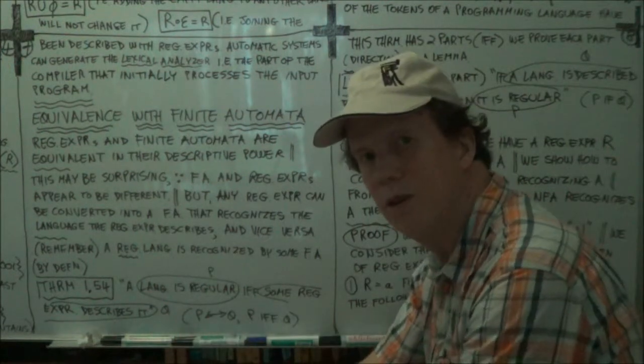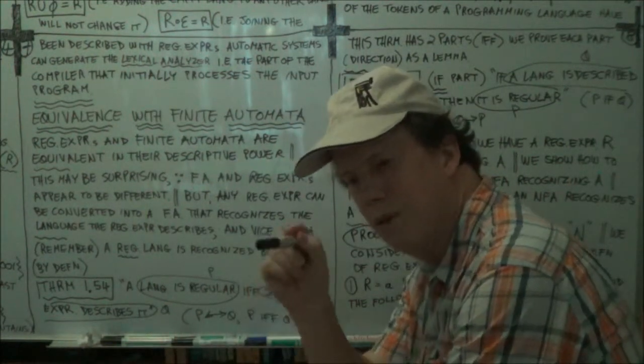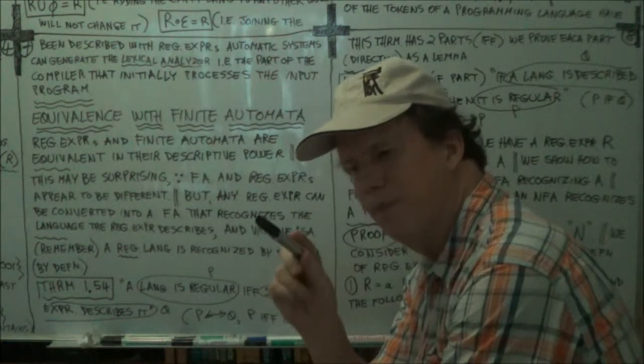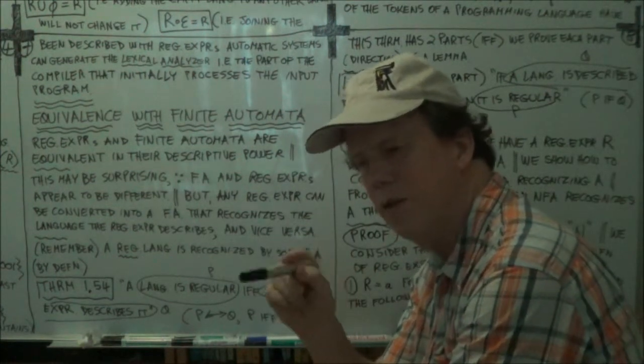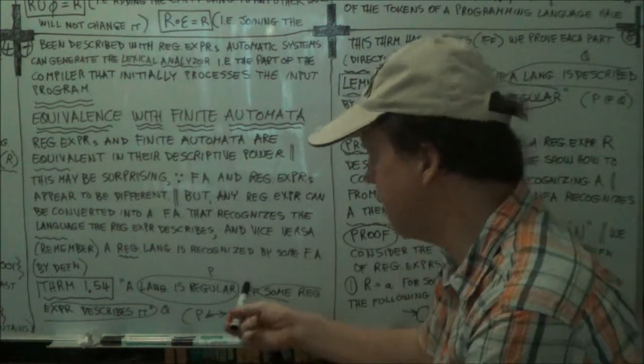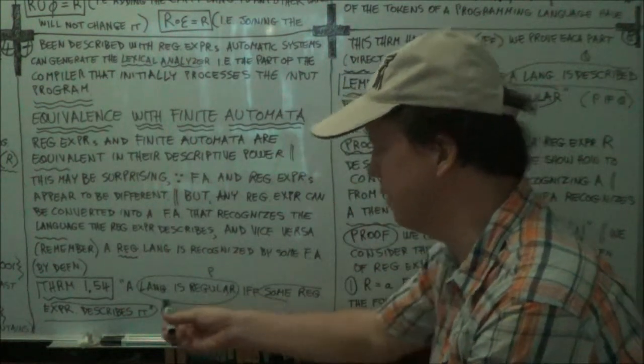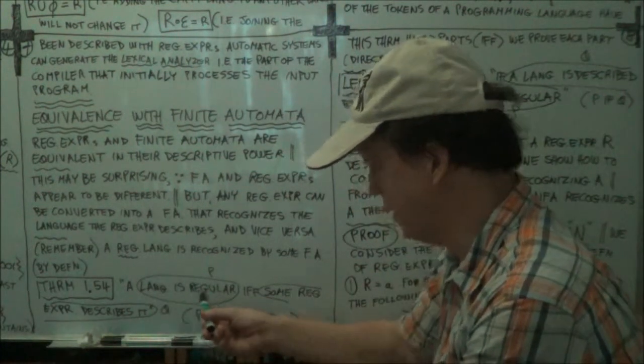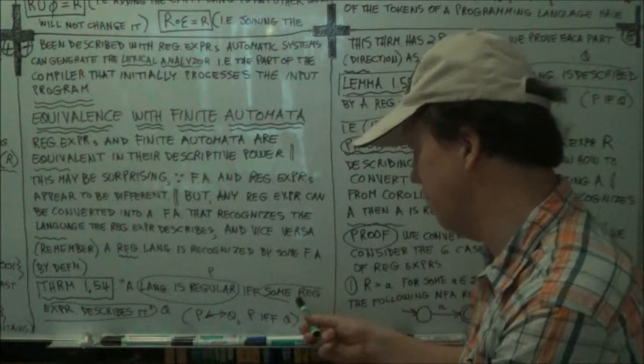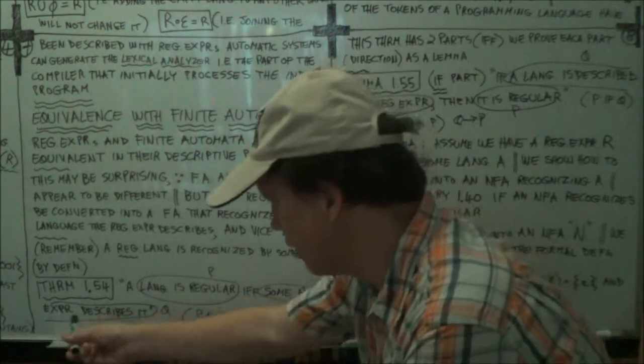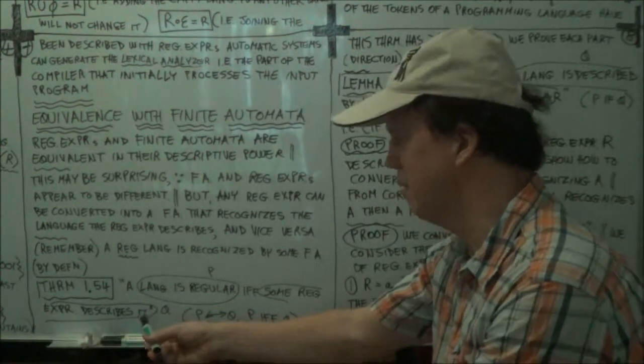So it's an if and only if proof, which we can simplify to P if and only if Q. What's P? P is the mathematical statement that a language is regular. And Q is the mathematical statement that some regular expression describes it, that is, describes the language.